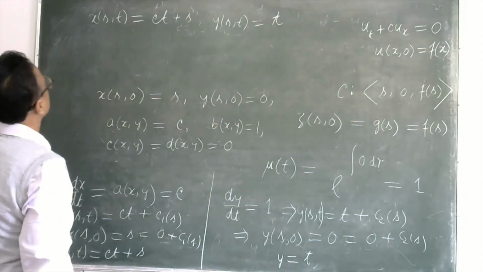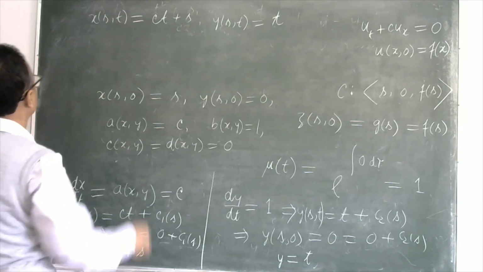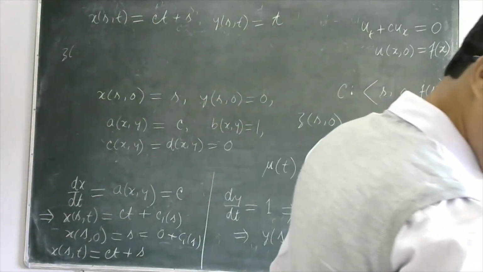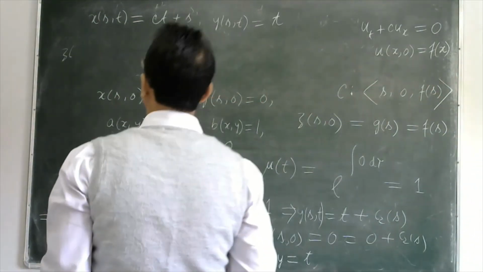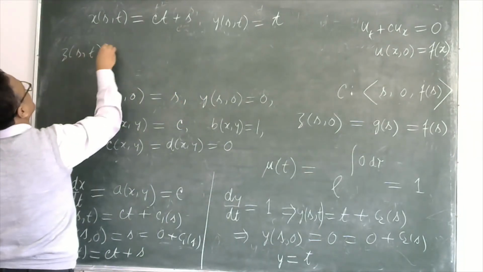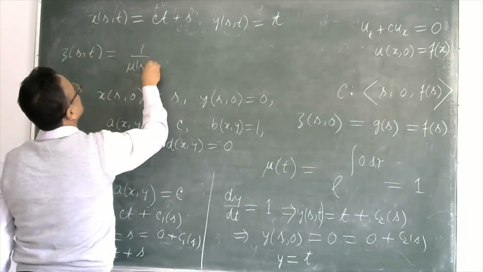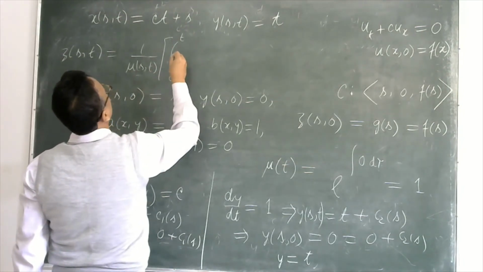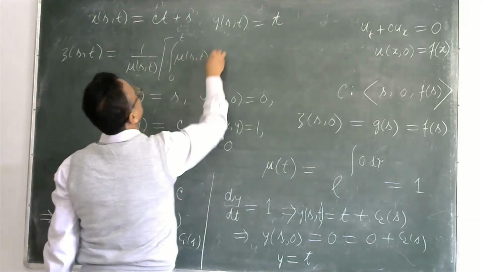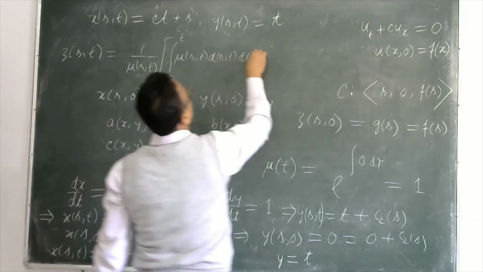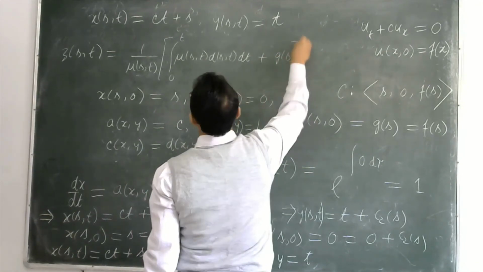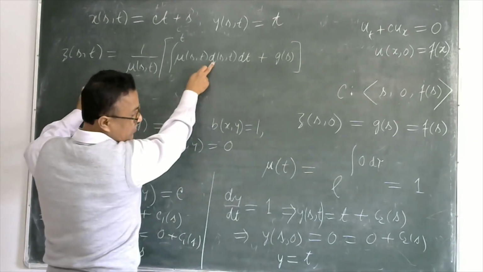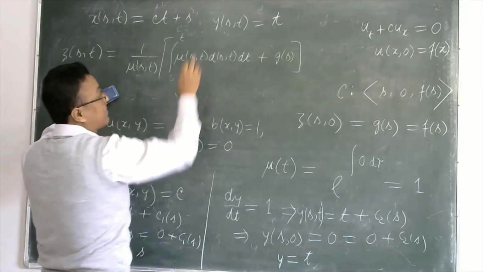Okay, so this is done, and then you know that z is 1 by mu(s,t) times the integral from 0 to t of mu(s,t) d(s,t) dt plus g of s. Now your d is 0. We have already figured it out.